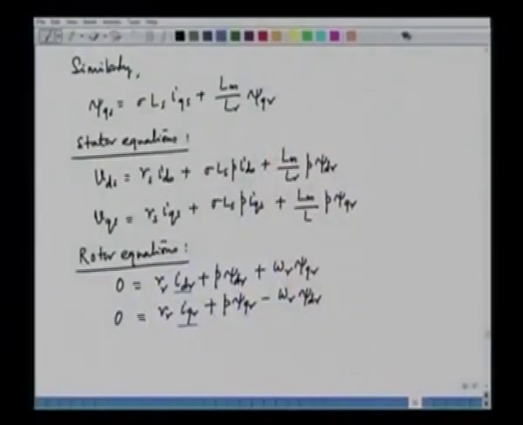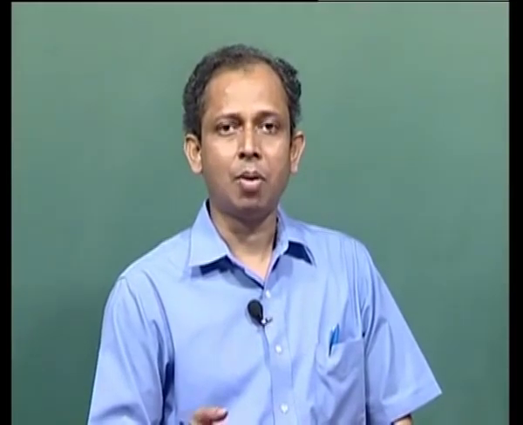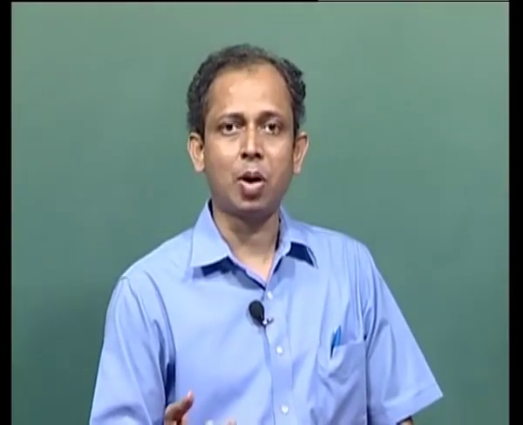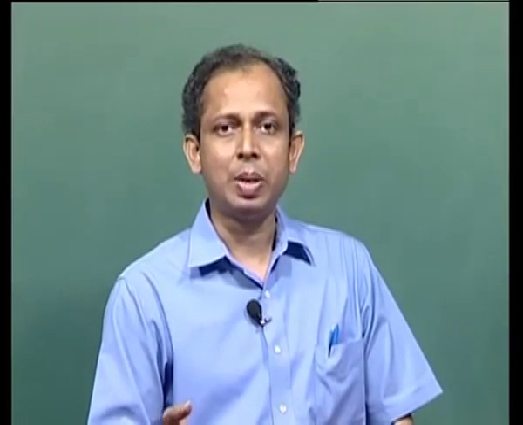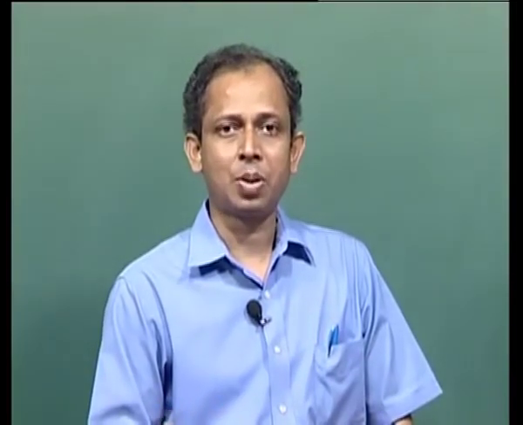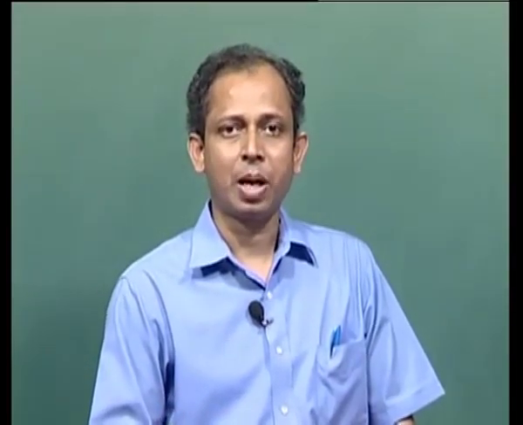So in a way what we are trying to do here, we are trying to estimate the rotor speed from the terminal variables, and the terminal variables are the voltages, VDS, VQS and IDS and IQS. In the next lecture we will see how we can implement this in the form of a block diagram to estimate the speed from the terminal variables VDS, VQS, IDS and IQS.